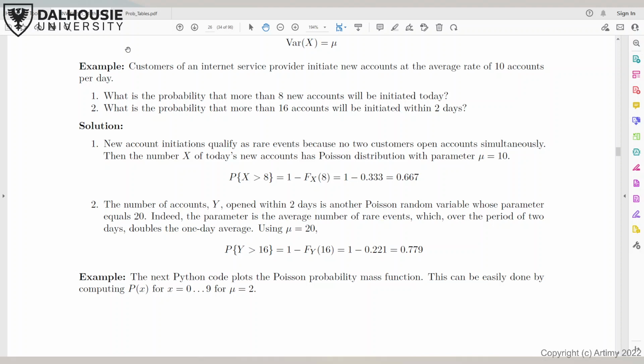So let's see. There is an example here that says customers of an internet service provider initiate new accounts at an average rate of 10 accounts per day. What is the probability that more than 8 new accounts will be initiated today? So here the average mu is 10, and we're looking for the probability of having more than 8.